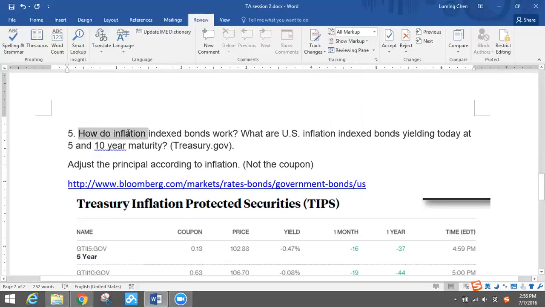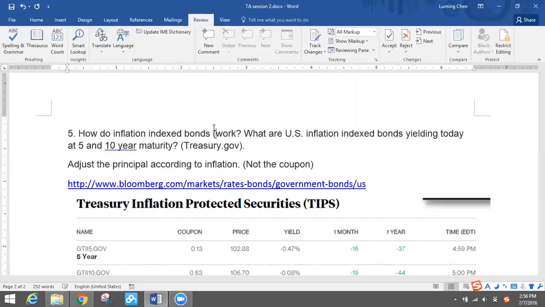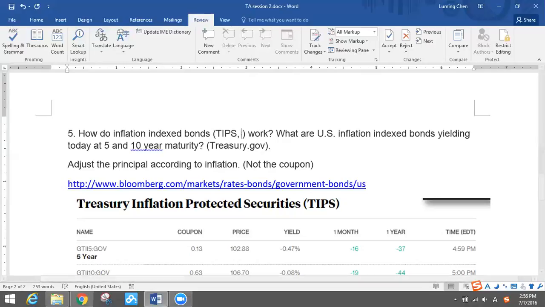The most important feature of inflation index bonds, also called TIPS, which in full is Treasury Inflation Protected Securities, is that TIPS adjust the principal according to inflation, using the consumer price index.